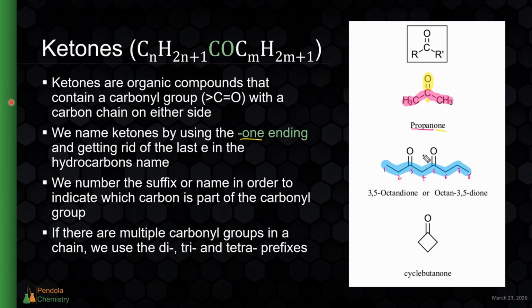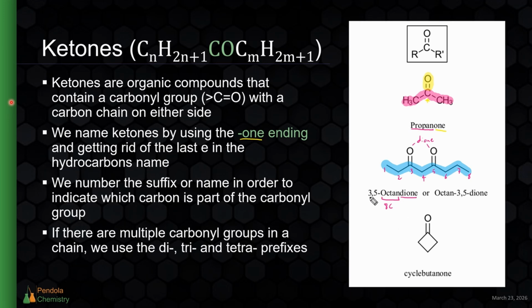So we have 2 carbonyl groups. So this makes it a dione, because it's a diketone. We have 2 of those carbonyl groups sticking out of an 8-carbon chain. So the dione is from the fact that we have 2 ketones. It's an 8-carbon chain, which gives us that octane, because they're all single bonded. So that means 8 carbons in the main body.